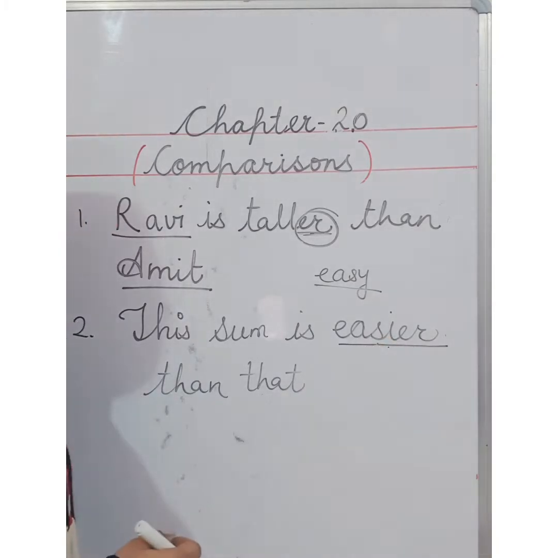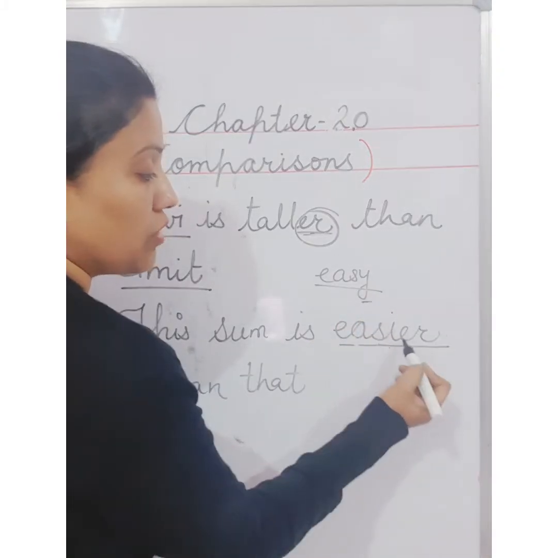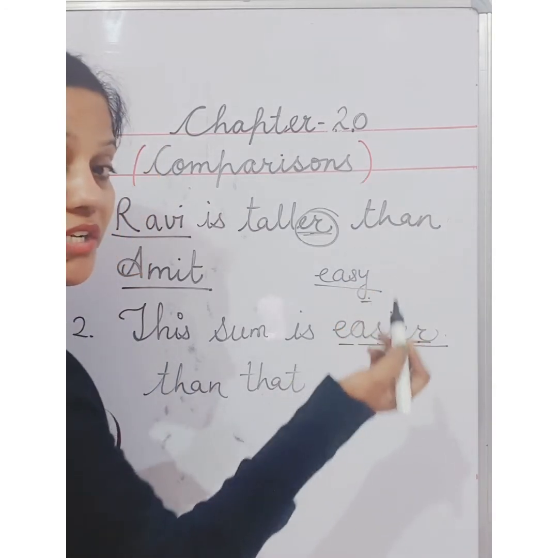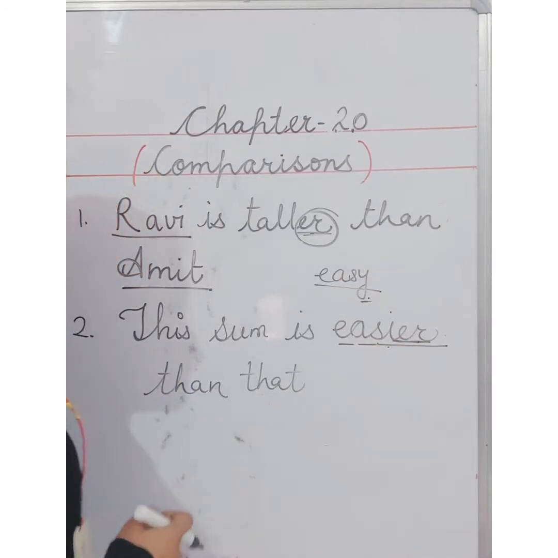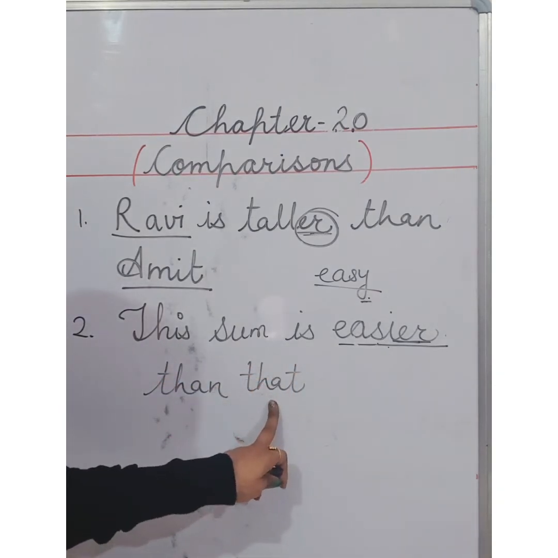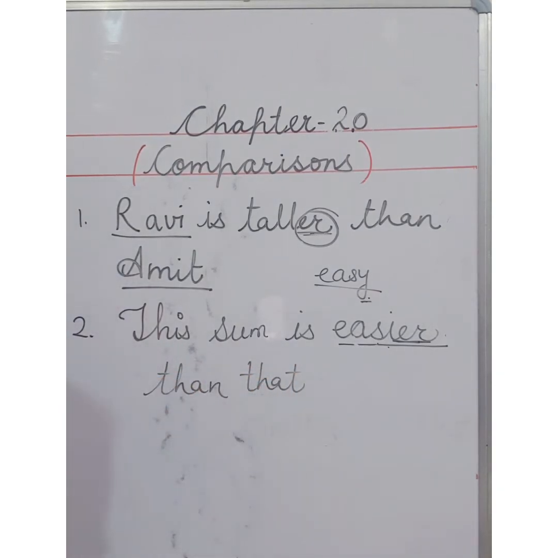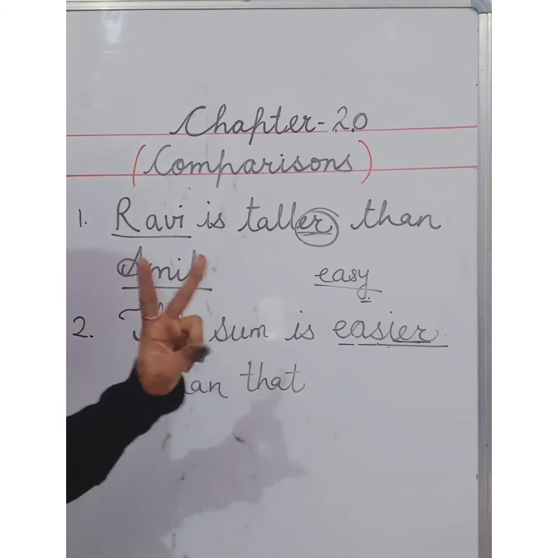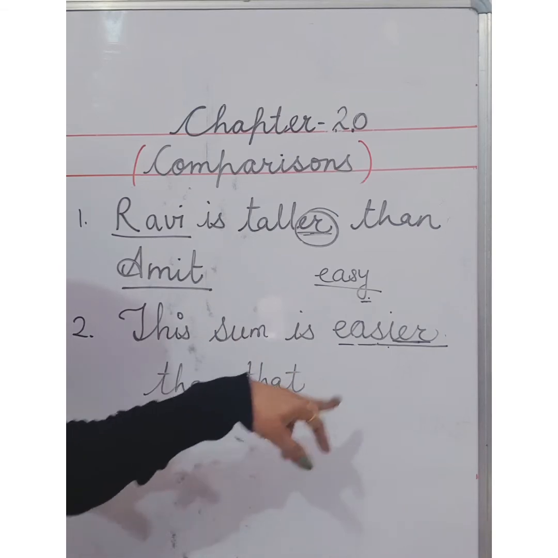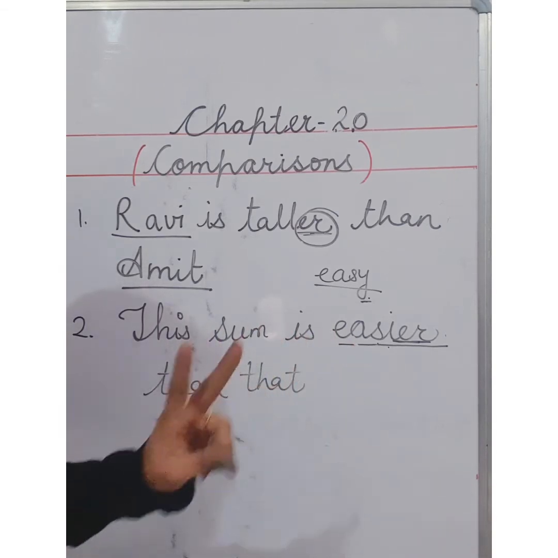So this is the comparative degree. Wherever y is there, we always add er at the last. If y is there, pretty, prettier. So we will cut y and we will add ier. So this sum is easier than that. So here it is comparative degree because we are talking about this sum being easier than that. Means two sums were there, but this sum is easier. So we are talking about two sums here. Next.